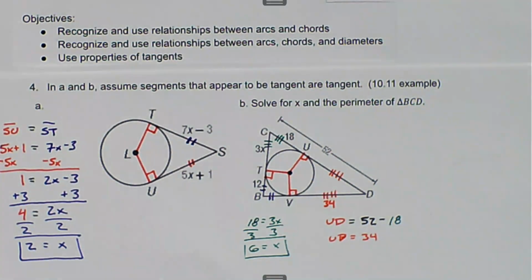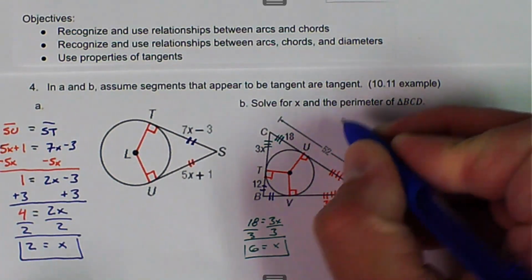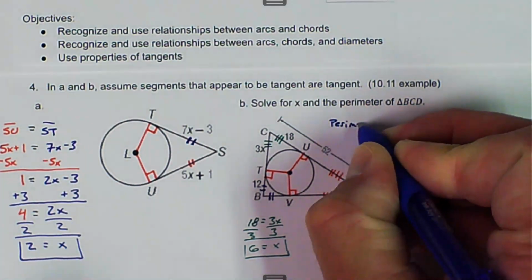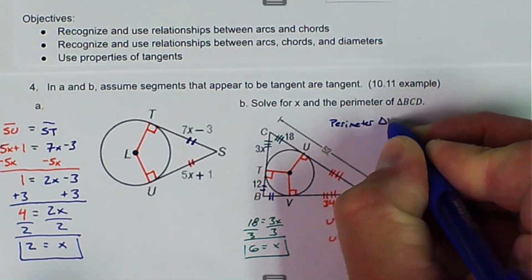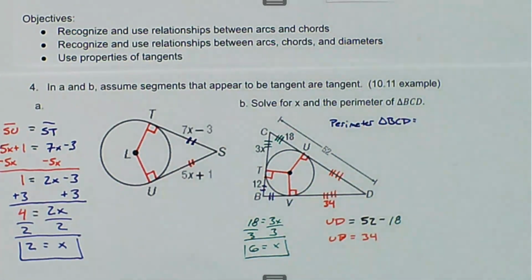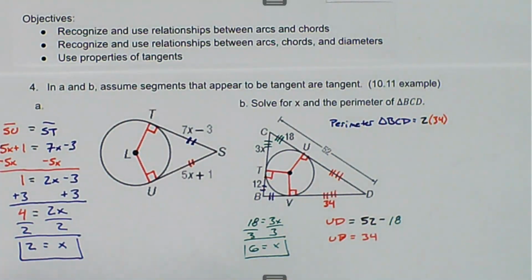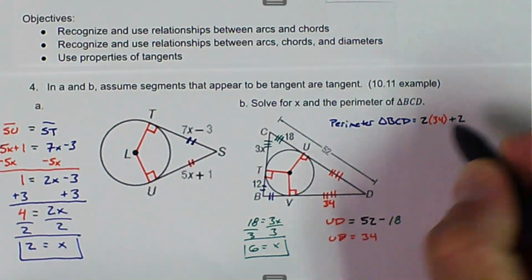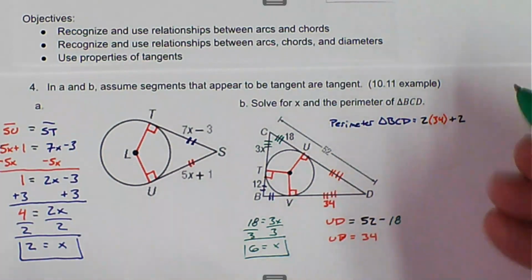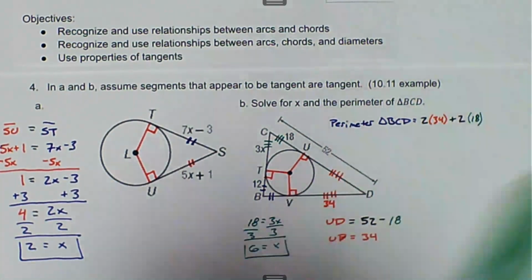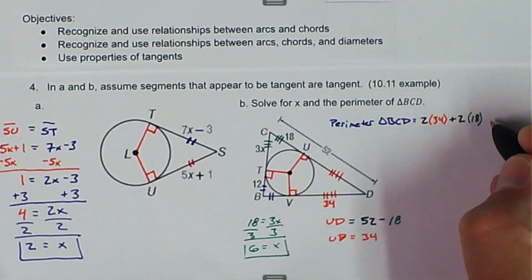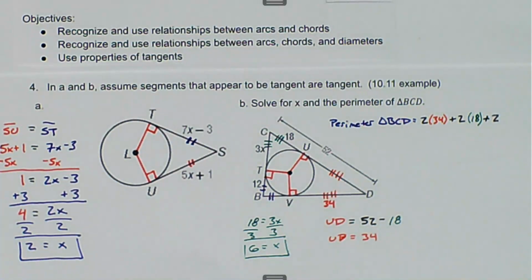So when we go ahead to find the perimeter of triangle BCD, that is equal to, we have two 34s, so we're going to say 2 times 34, and then plus 2 times 18, because we have two 18s there, plus 2 times 12.